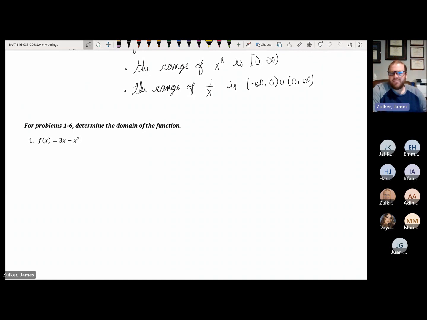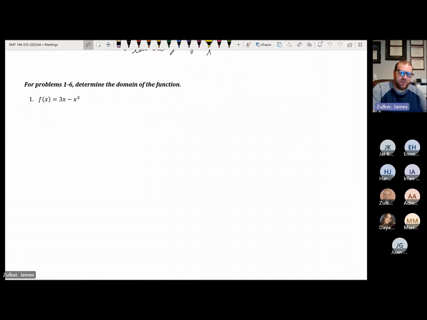There's no denominator. And there are no radicals. So the domain is a set of all real numbers. Now, keep in mind that domain is a set.